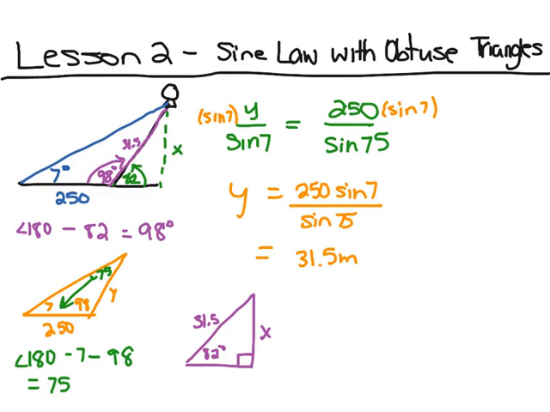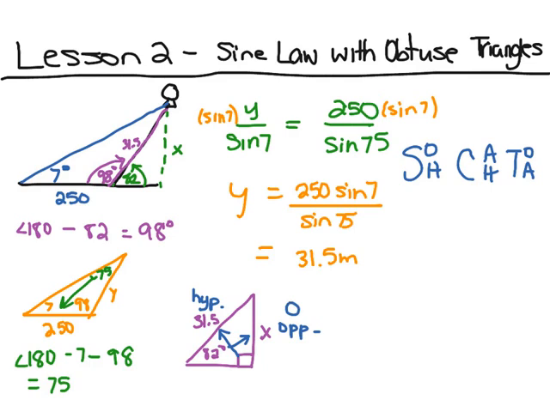So remember that those are SOH, CAH, TOA. From our angle, we know the opposite side, and we know the hypotenuse. So because we have an O and an H, we are going to use sine.